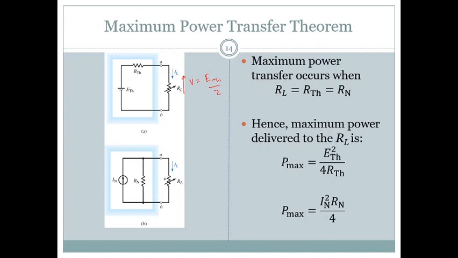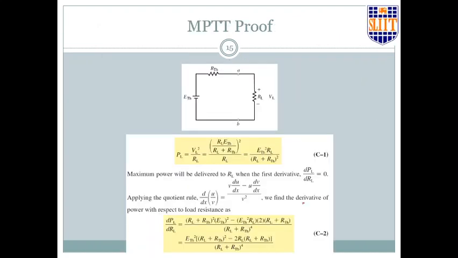And in this case both these are equal to each other, so IL is equal to IN divided by 2, because it's a current divider with two equal resistors. With that, IL squared RN becomes IN squared over 4 into RN, and ETH squared over 4 RTH. That will give us the maximum power transfer.